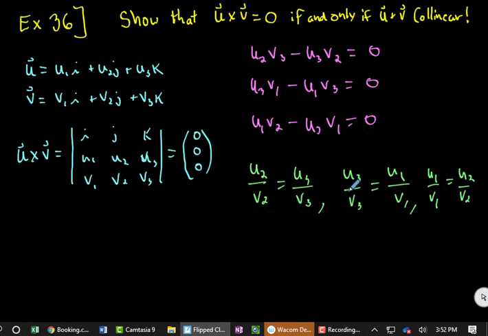And what does this all mean? They're all equal to each other, right? So u sub 1 over v sub 1 is equal to u sub 2 over v sub 2, which is equal to u sub 3 over v sub 3, which is equal to some scalar lambda, and that's what it means to be collinear.